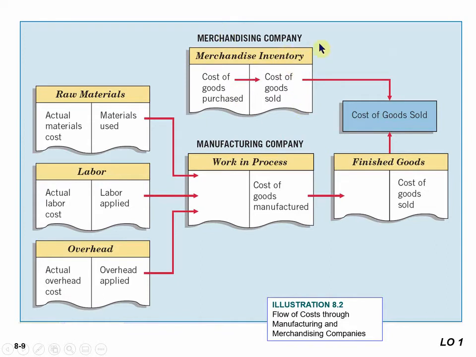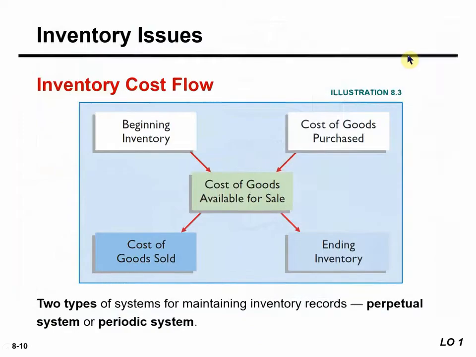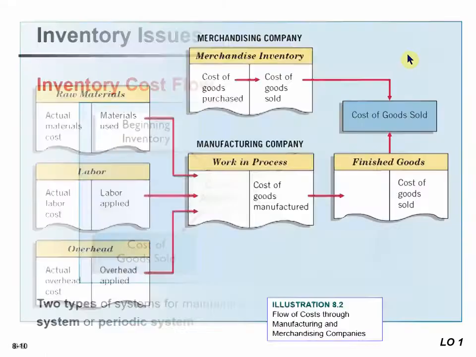Then it will be recognized as an expense whenever it is sold. So when we sell inventory, at that time we recognize cost of goods sold expense, which appears in the income statement or profit or loss statement.